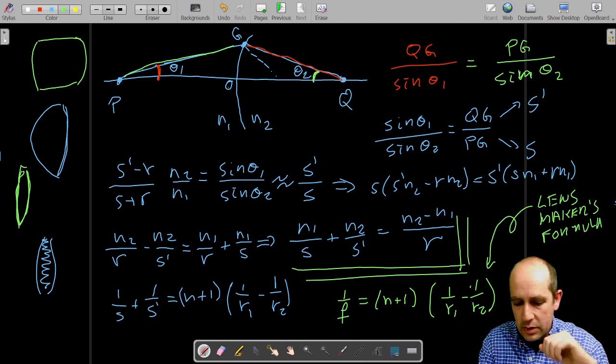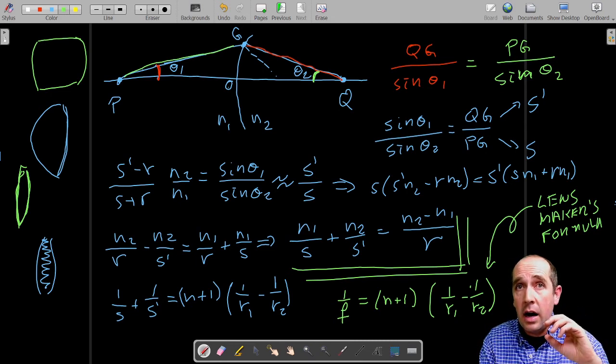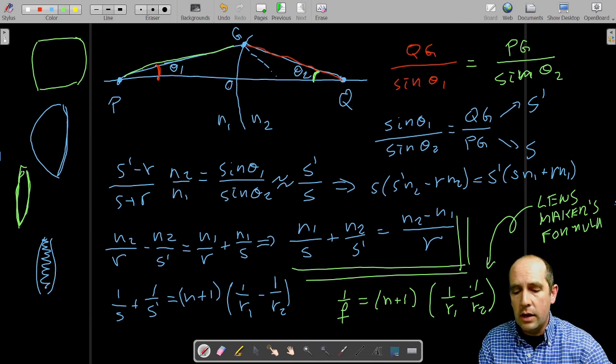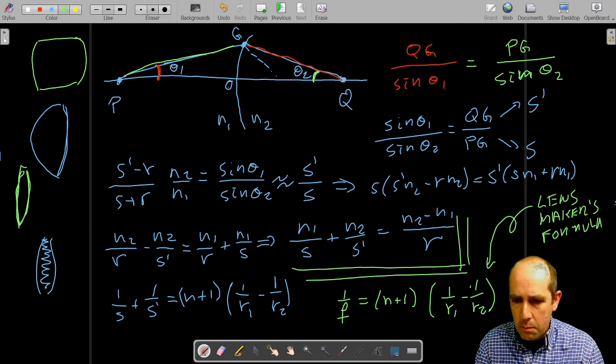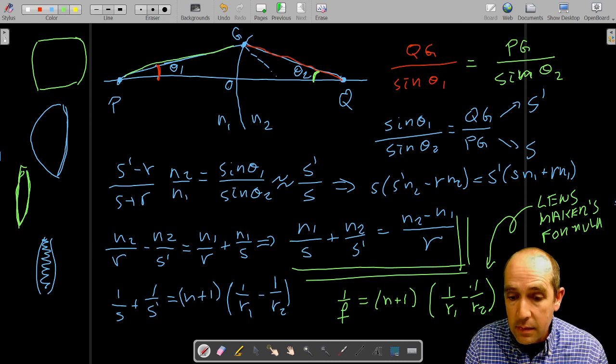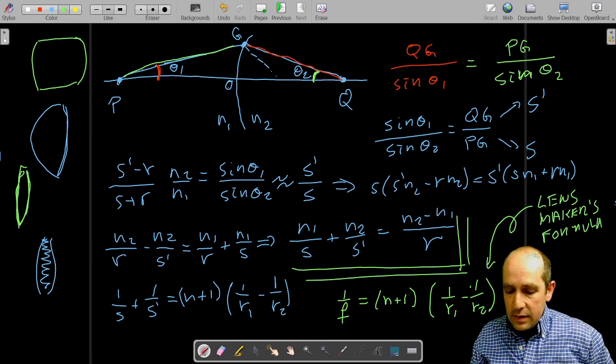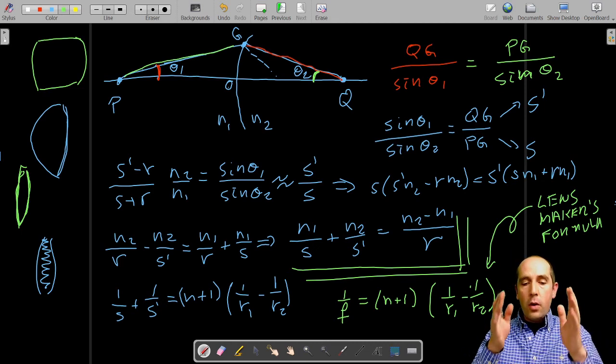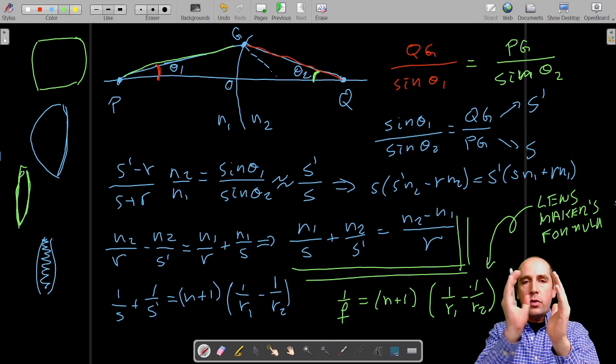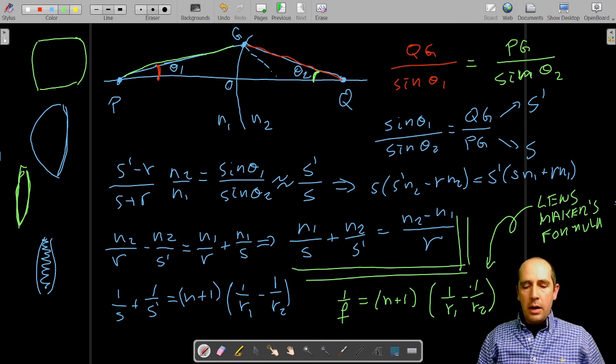And this approximation, again, is all valid within the paraxial approximation, but it works very, very well in most cases. Okay, so the lens maker's formula is the way we can calculate where the focal position of a lens will be if we know the curvature of its two radii, so the two surfaces, and we know the refractive index of the material inside, of course, as well.